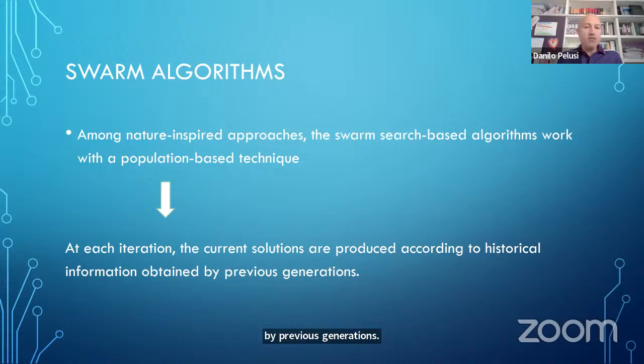The main idea of this approach is to consider the information which came from the previous generation, and use it for the current iteration or generation. So, in other terms, it's very important to exploit the computation of the previous iteration to improve the search performance.